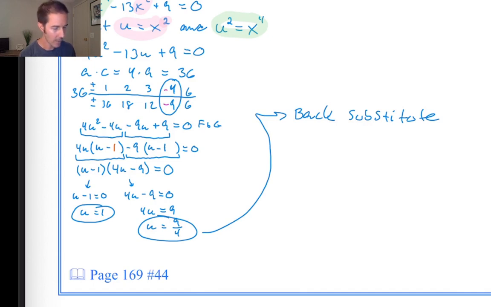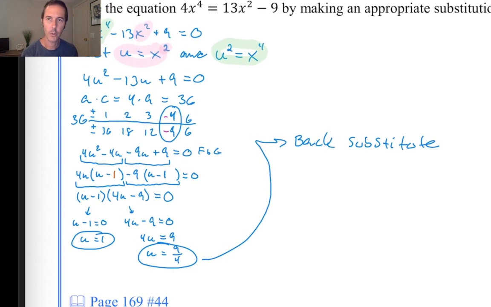If you want to grab your highlighter again, up here we said that u was equal to x squared, right there. So I will highlight the u's that are down there, this one and this one. We're going to replace those as part of this back substitution process. We'll replace them with x squared. So x squared is equal to 1, and x squared is equal to 9/4.